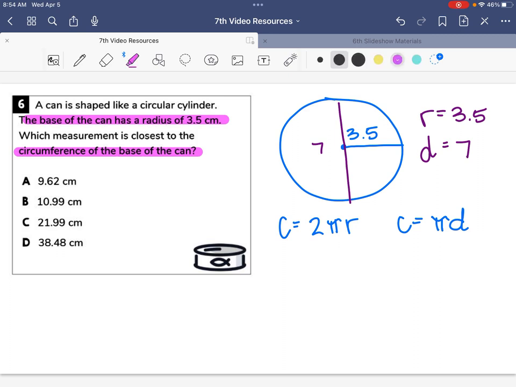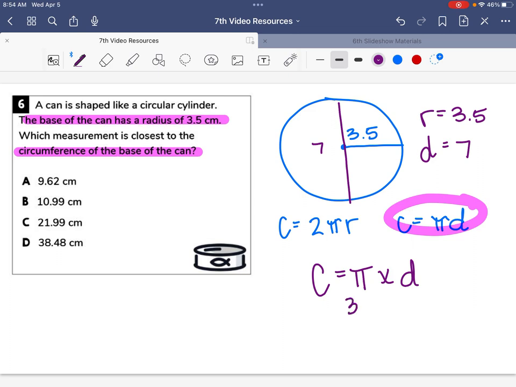And if I know my diameter, then I can just multiply that by pi, because remember, pi is the number of times it takes the diameter to go around the whole circle. It's about 3 and a little extra. That's where we get the 14 hundredths from. So circumference will equal pi times diameter, or 3.14 times 7.